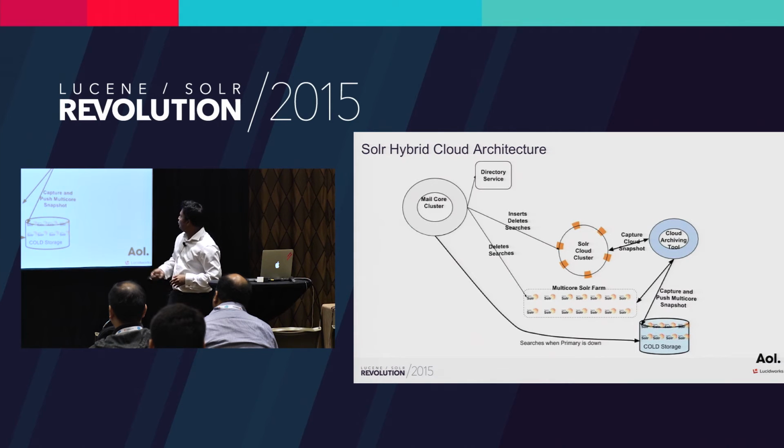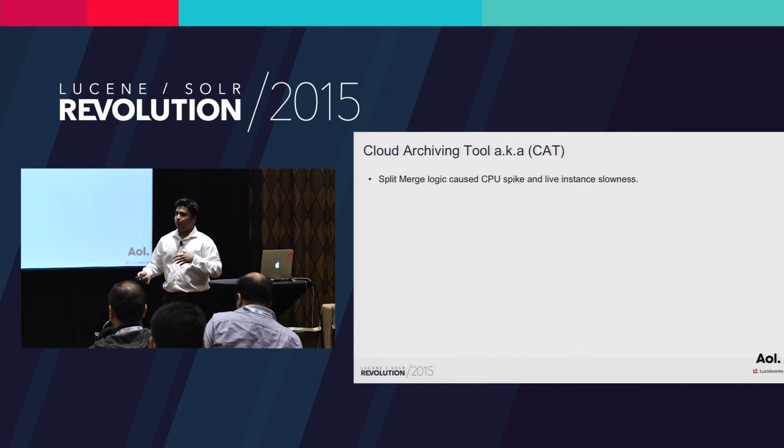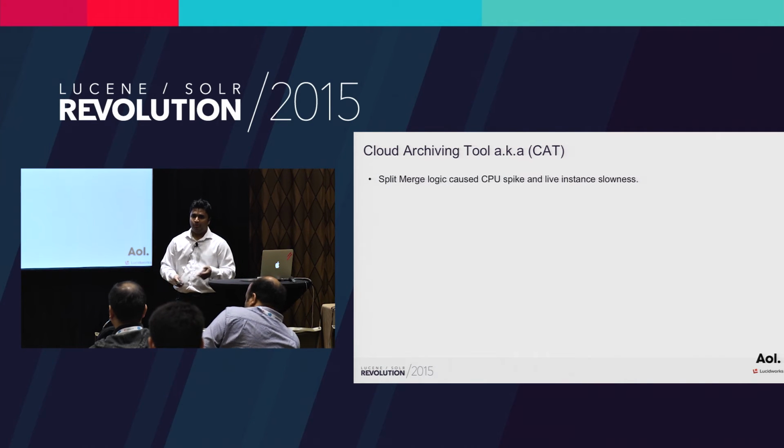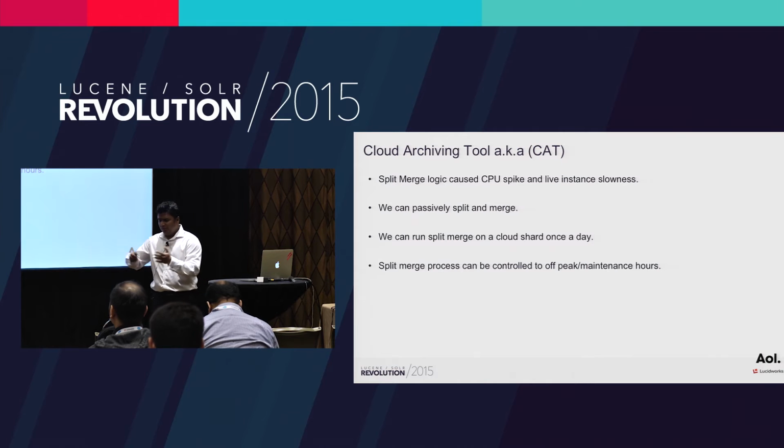So the archiving tool, it's simple high-level logic. This is custom code. It takes a snapshot of the Solar Cloud, figures out all the users living in that shard, and which users have gone over some configured threshold. We don't have to do an instantaneous split and merge for users, so we passively split and merge them.